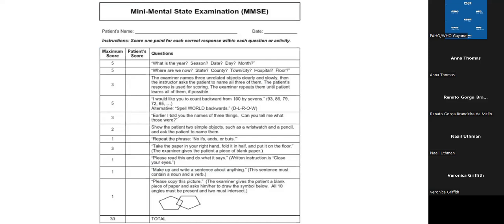So it is a very easy to perform, quick to perform instrument that may be included in all the person's assessments. But you must use this tool only if dementia is suspected.